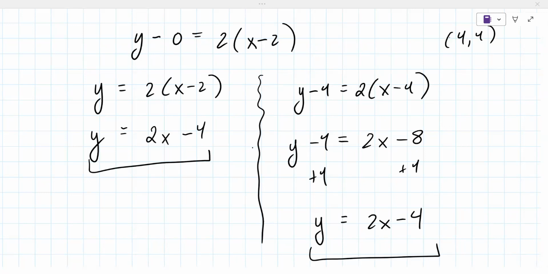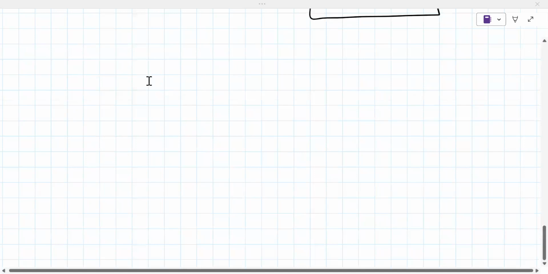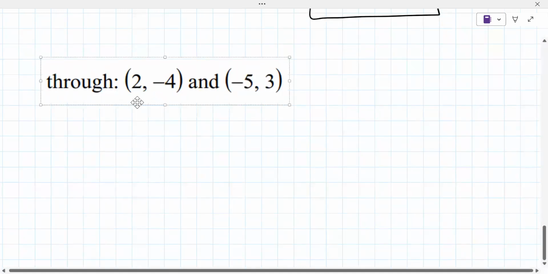All right, so here's another one. I want you to first determine the slope. We're going to kind of just step through this. First, determine the slope.